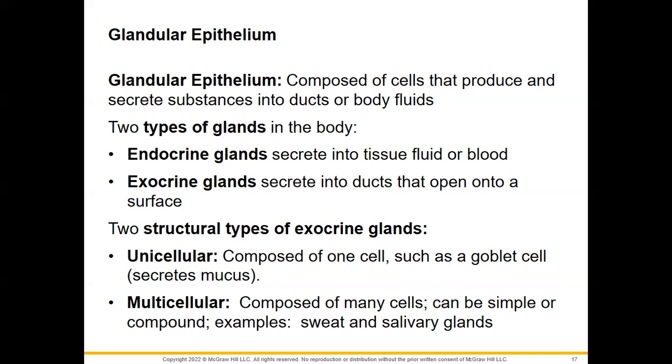So two types of glands, endocrine and exocrine glands. Endo meaning within, exo meaning without or outside. So endocrine glands will secrete substances directly into the tissue fluid, that extracellular fluid, or it'll be secreted directly into the bloodstream.